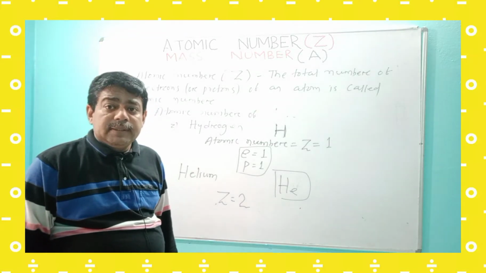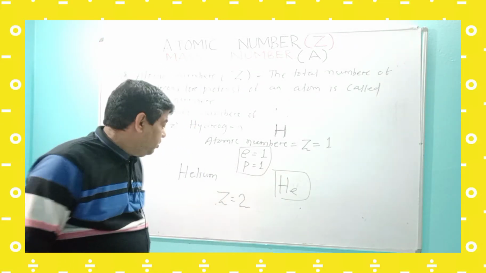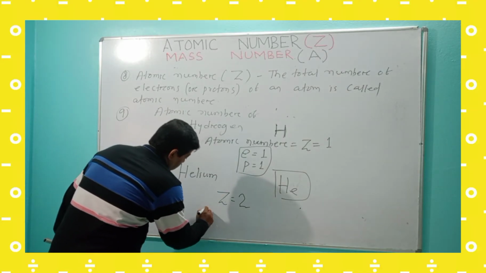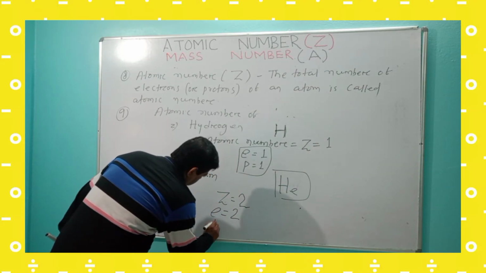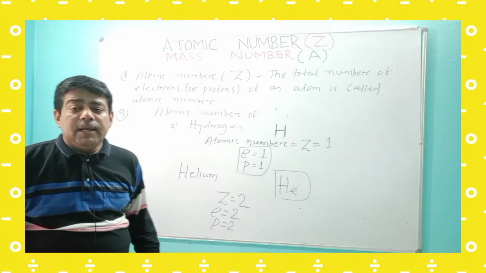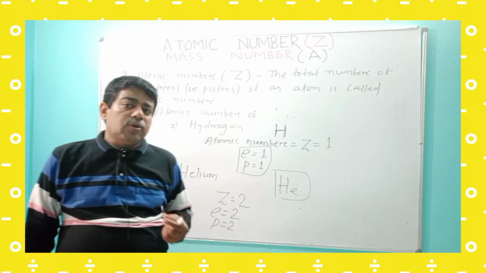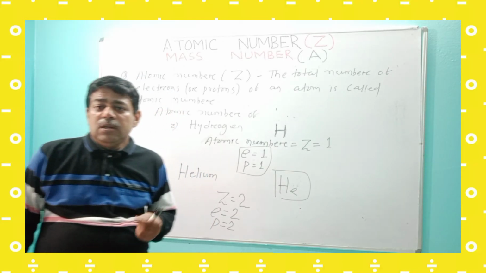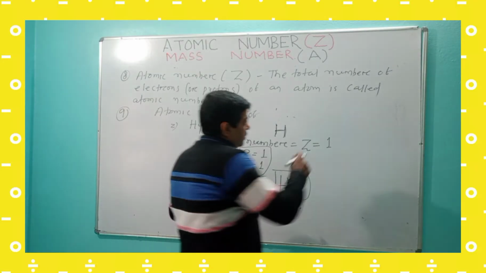It means the number of electrons of a helium atom is 2, and the number of protons is also 2. Because every atom has the same number of electrons and protons, the number of protons of an atom must be equal to the number of electrons. Understand?